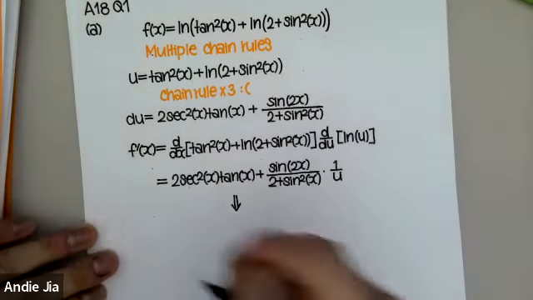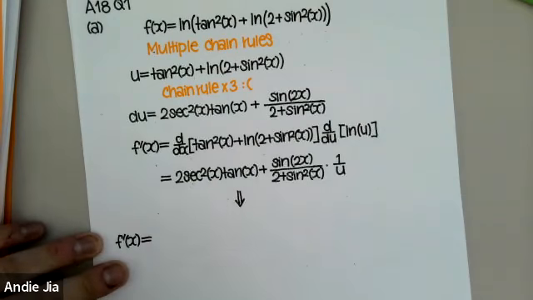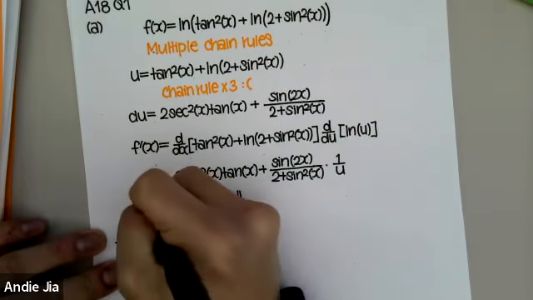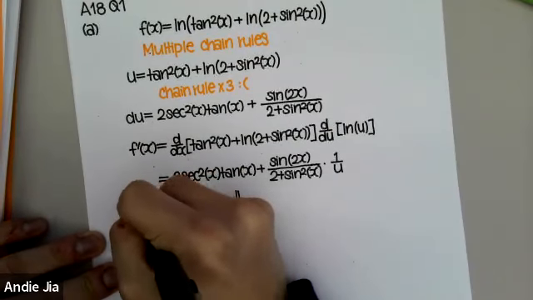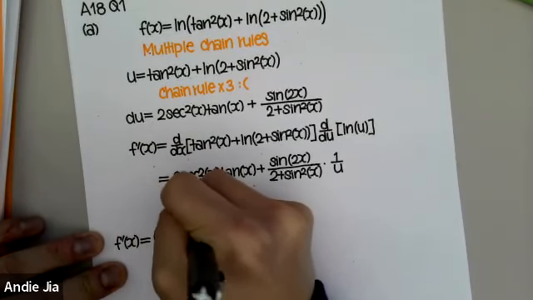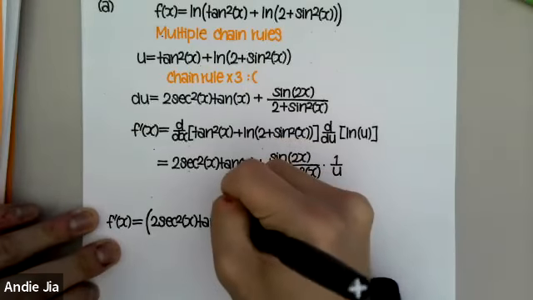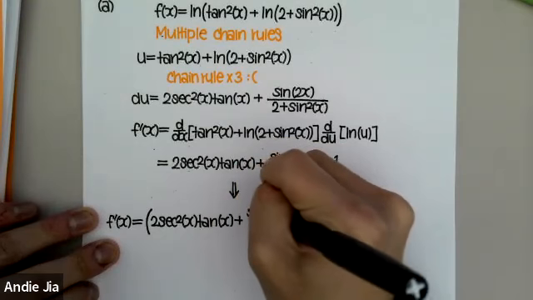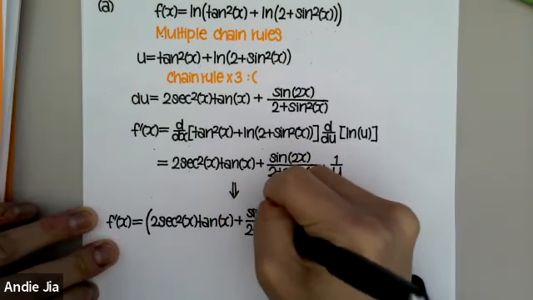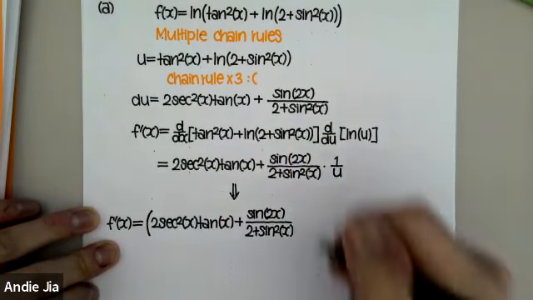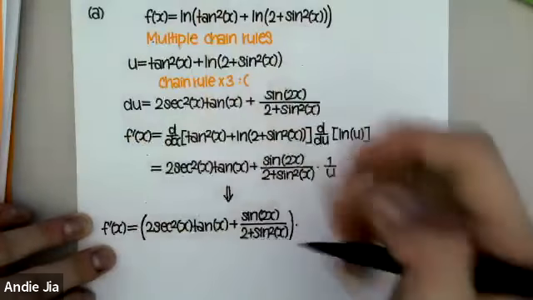And then it turns out the derivative f prime of x is 2 secant squared of x and then tangent of x plus sine of 2x, 2 plus sine squared of x, and then we multiply by this over 1.